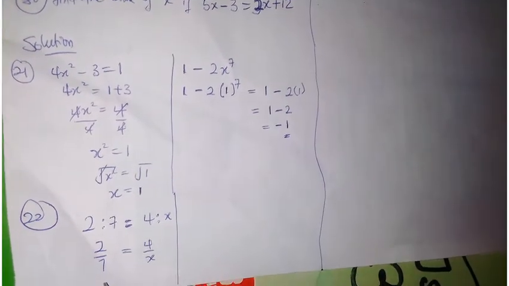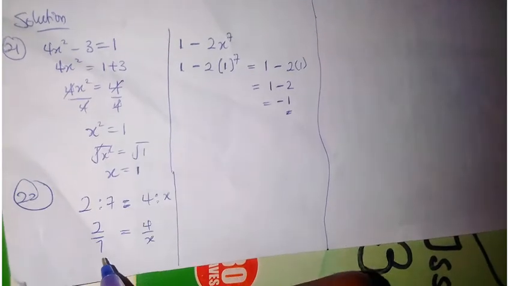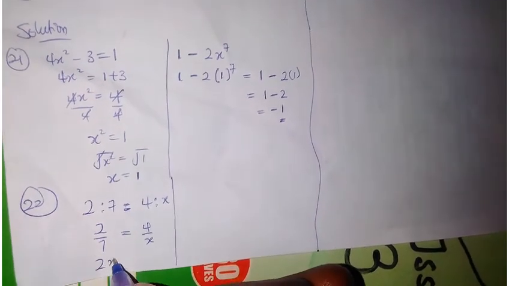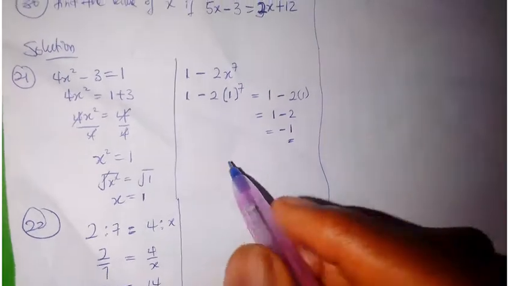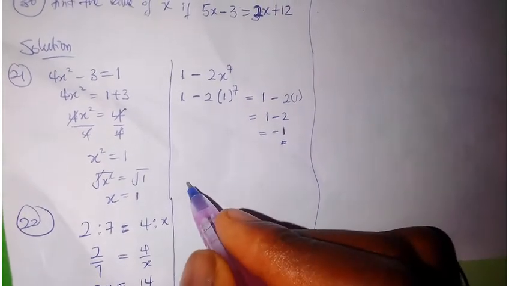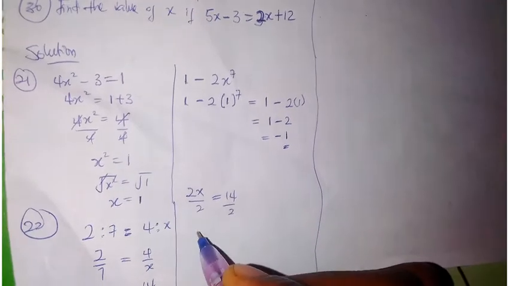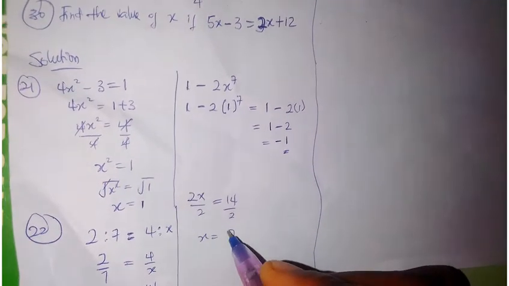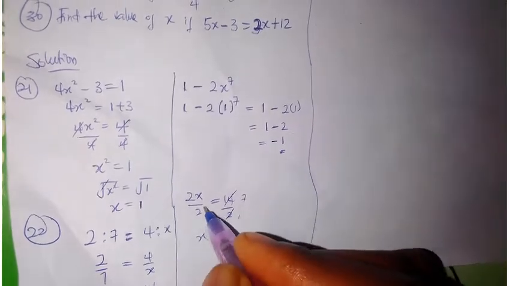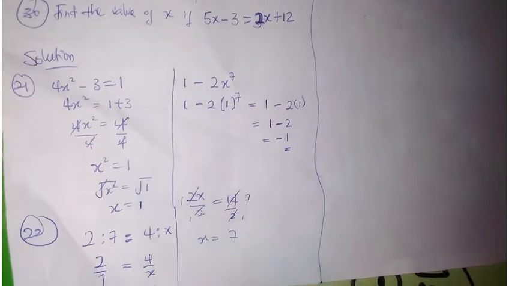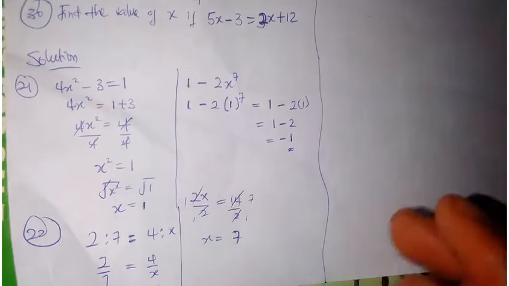From which I can cross multiply, having 2 times x, 2x equals 28. Divide by 2 to get my x as 14.